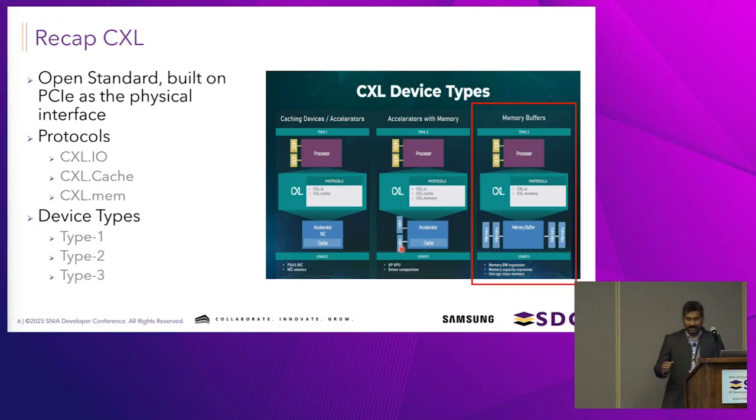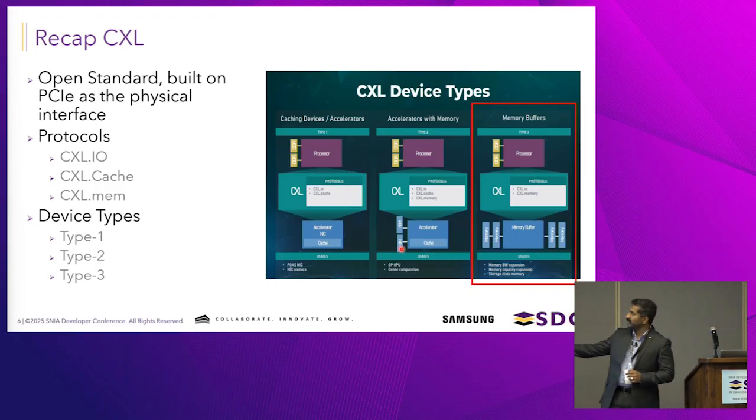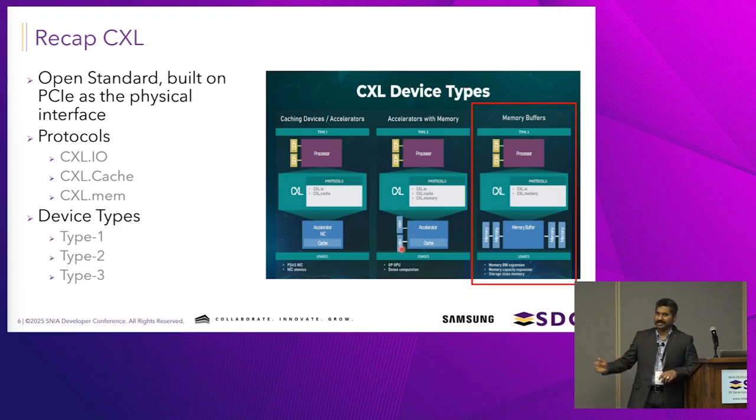The device type of our interest is type 3, which is basically any kind of memory expansion device we are going to use. I know that this slide is repeated many times; it is taken from the CXL standard page.